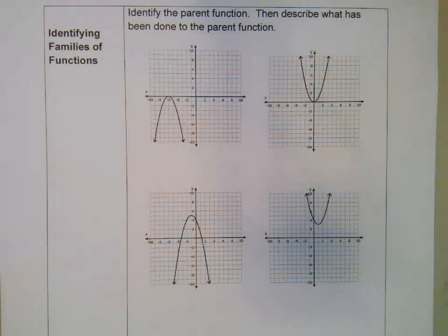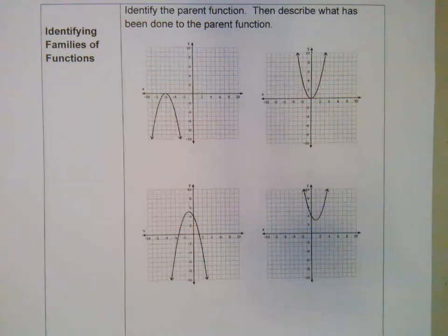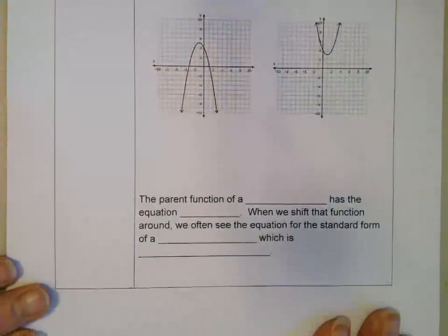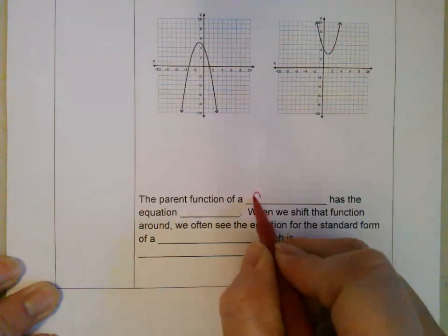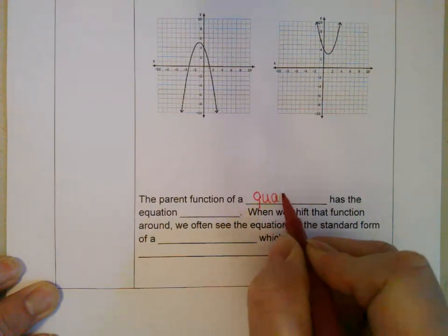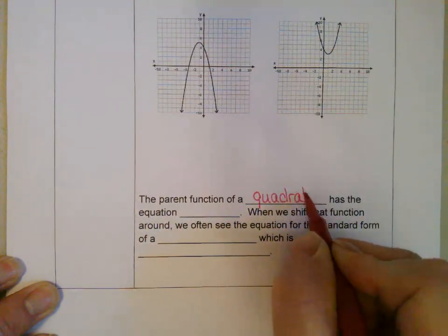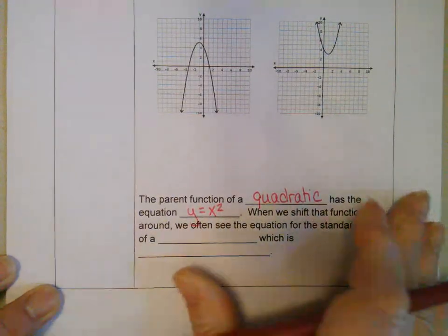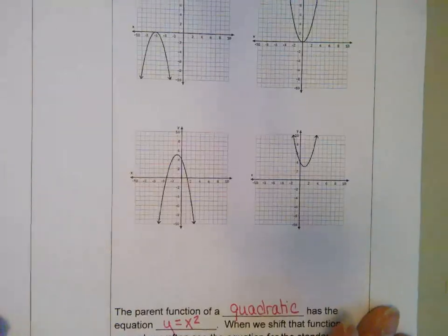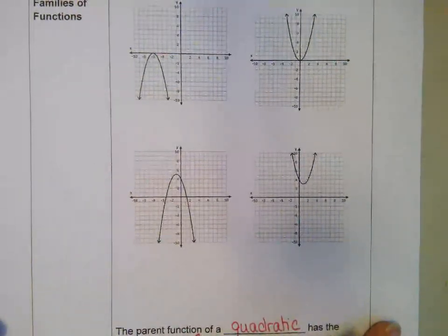What parent function is this? It's a U shape. So that is the quadratic. And the equation is y equals x squared. Which of these four graphs is your parent function?